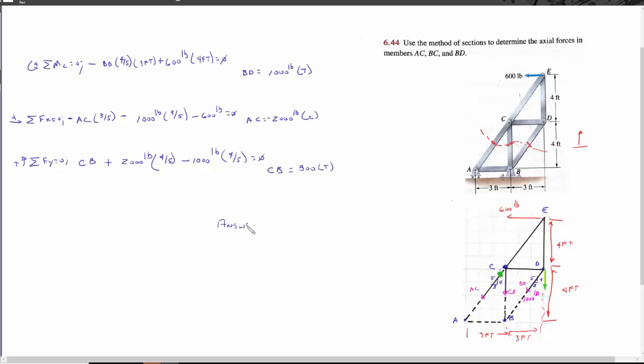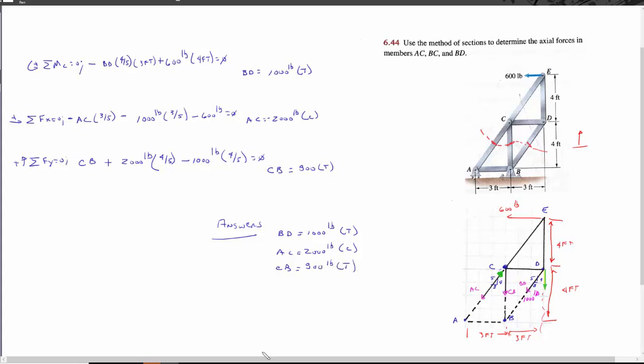So my answer for this problem would be BD is equal to 1,000 pounds in tension. AC is 2,000 pounds in compression, and CB is equal to 800 pounds in tension.